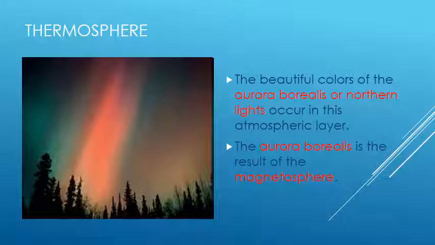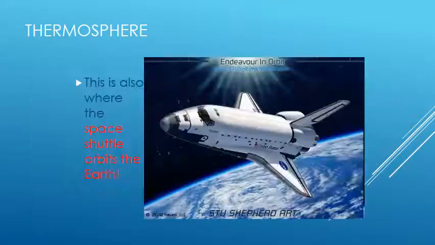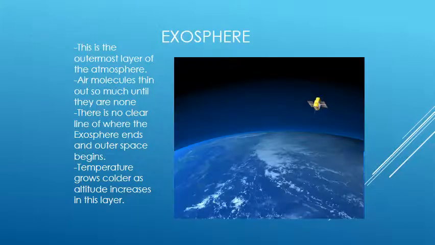And this is the result of the magnetosphere and how it interacts with the atmosphere and the thermosphere. And the magnetosphere contains electrically charged particles, just like the ionosphere, but they react in a certain way that creates those beautiful colors. The thermosphere is also where you would find the space shuttle.